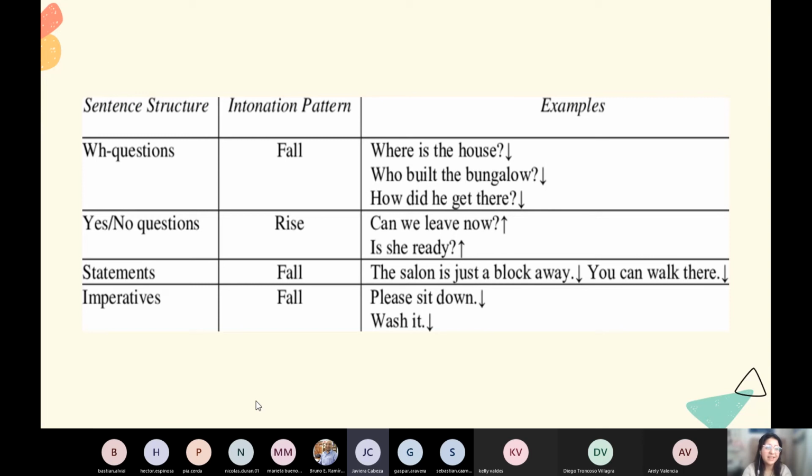People transmit their intentions using differences in pitch in order to deliver a message. So it is important to pronounce this, and it's good for you to know this, because if you do, your English is going to sound more natural and more fluid.